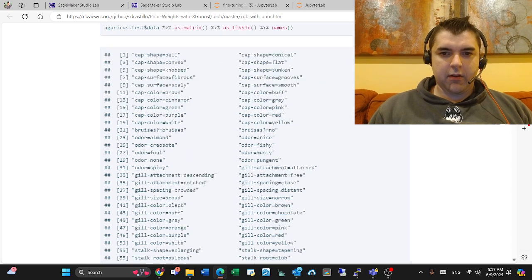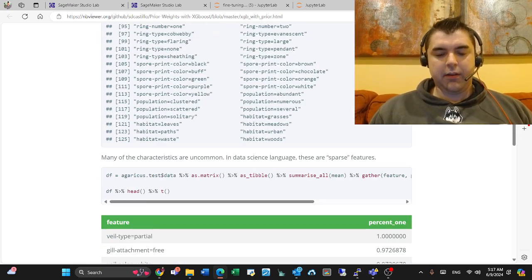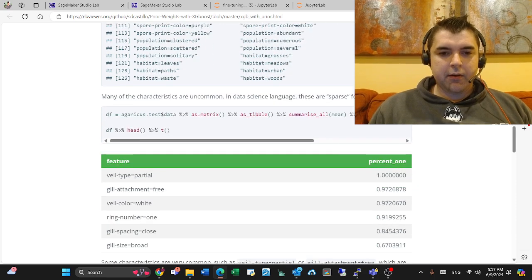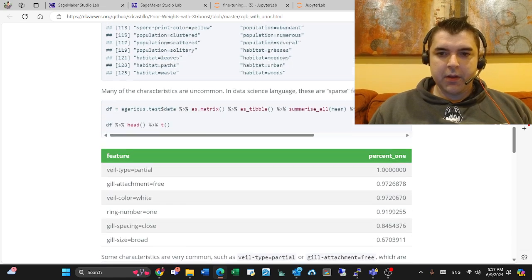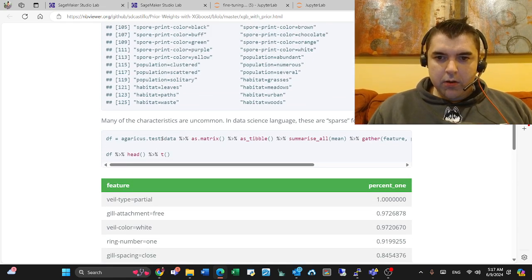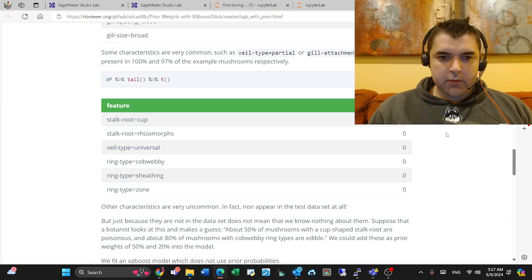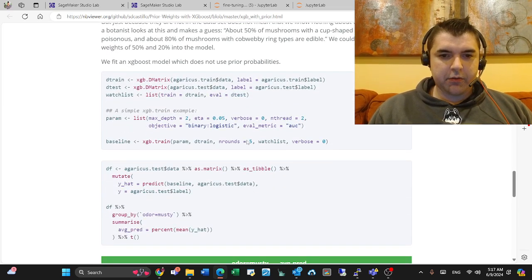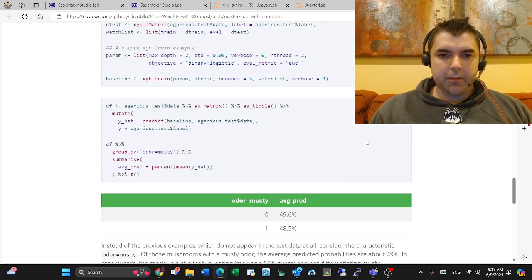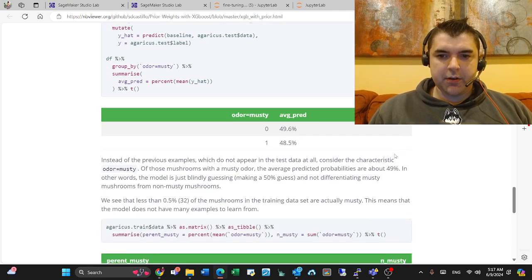Let's say you already had a model right here. So I trained a model right here, xgboost.train with parameters, and then I made the prediction.